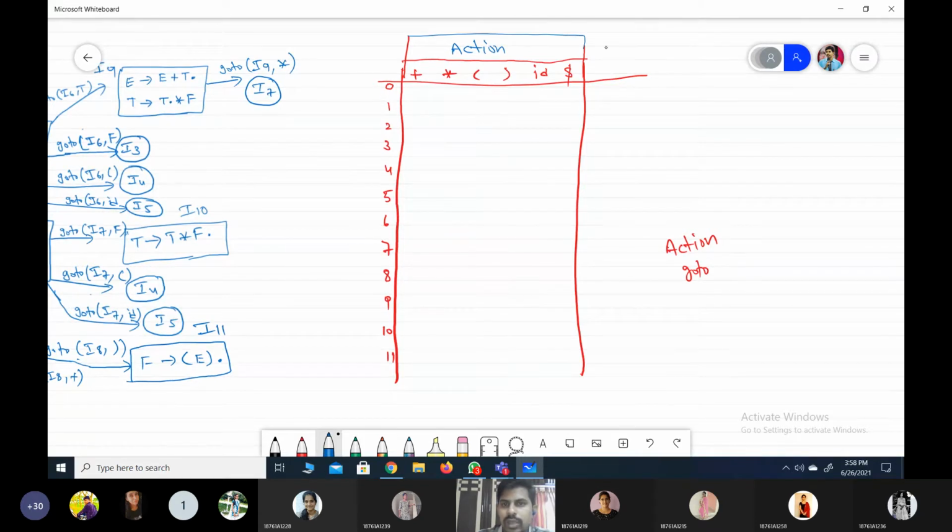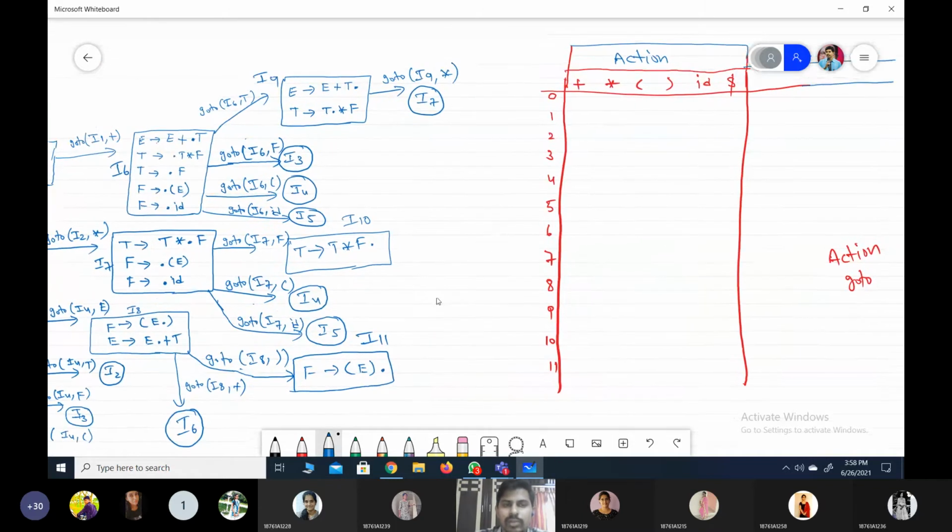Once that action part is over, then move on to the go to part. In the go to part, you have to define the non-terminals. Whatever non-terminals we have in the grammar, write down all of them. What are the non-terminals that we have? E, T, F only.